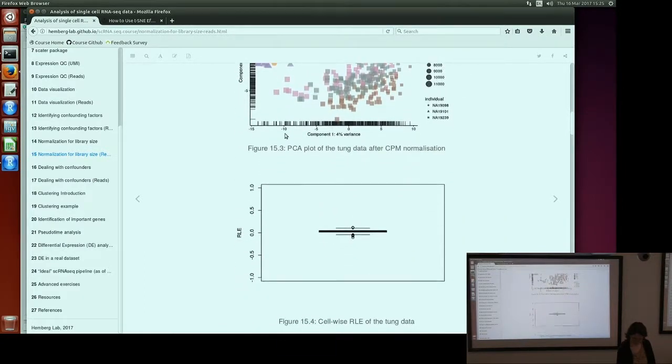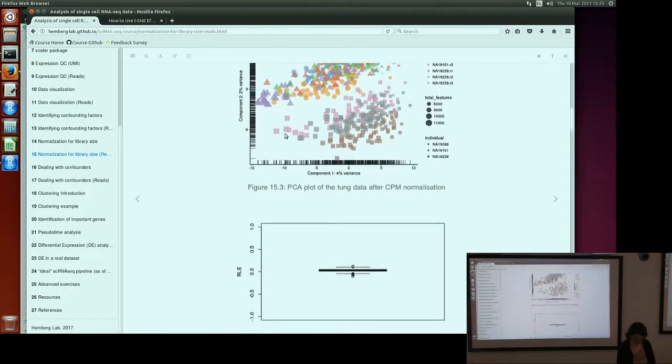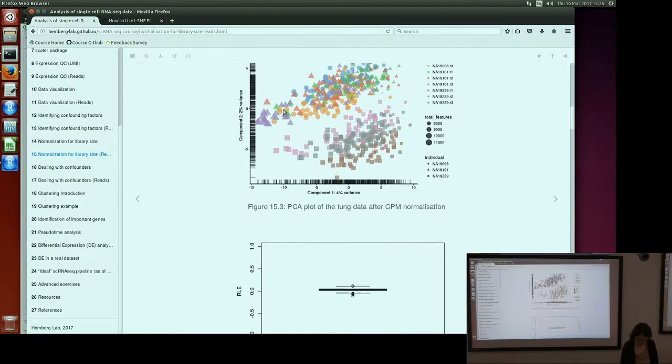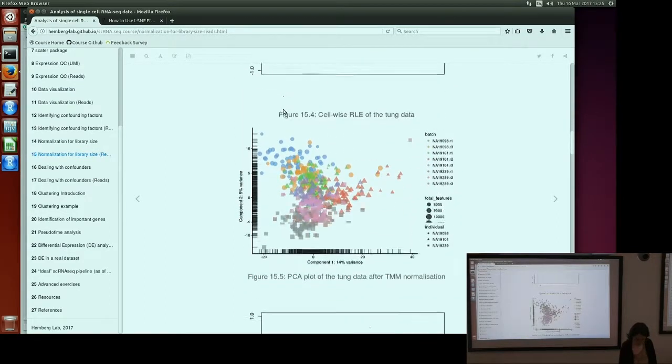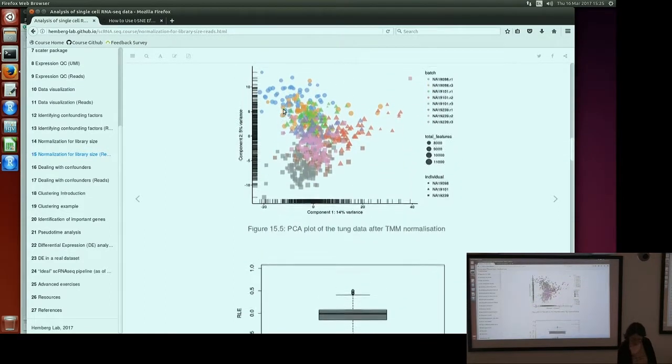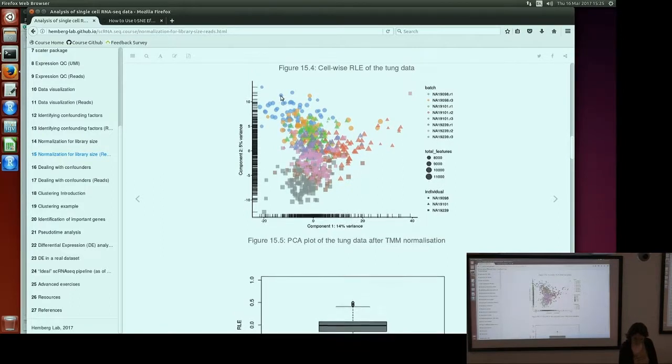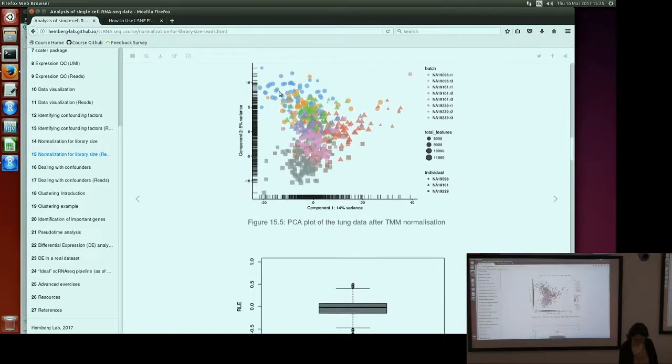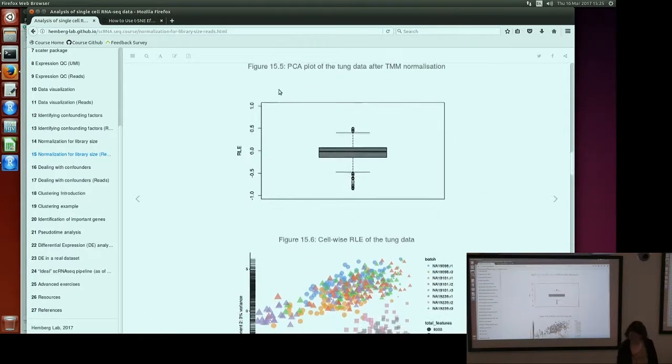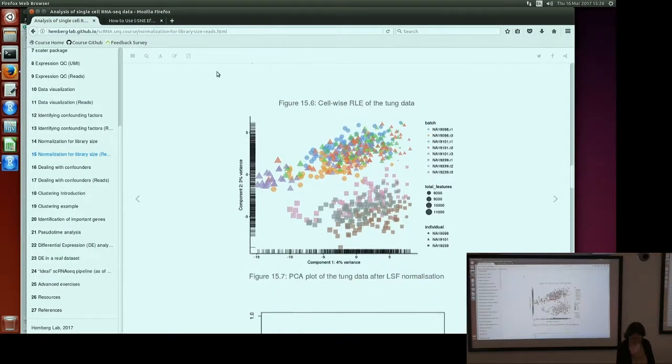Now doing CPM normalization, the RLE looks a lot better, but the PCA still doesn't look terribly good for the reads. TMM, the PCA looks a bit better, though it's hard to tell really, and the RLE looks quite awful. It's not helping at all. I think it's making it worse.